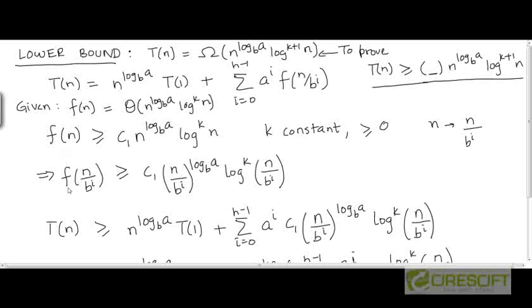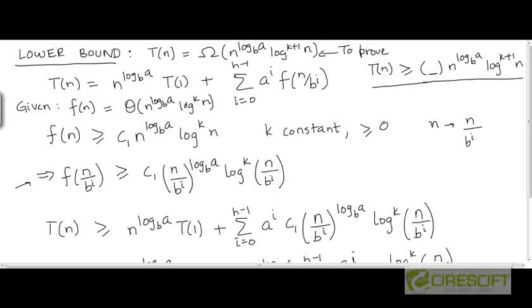And what we'll get is this inequality. F of n divided by b to the power I is greater than or equal to c1 times n divided by b to the power I, the whole thing raised to the power log base b of a, multiplied by log to the power k of n divided by b to the power I.